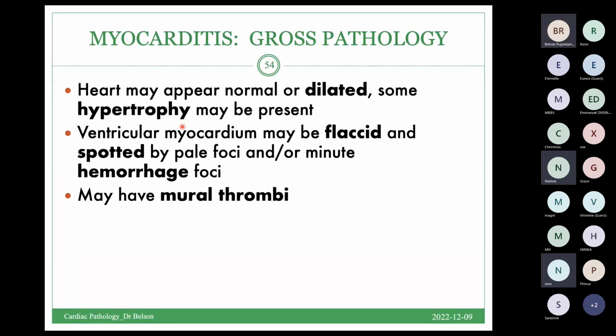So usually it will appear normal or dilated, and sometimes can be hypertrophic. Ventricular myocardium may be flaccid and have some hemorrhage. So flaccid itakora contraction ngo nikomeye. They can have mural thrombi, nuko hazabaho blood clotting inside the wall.